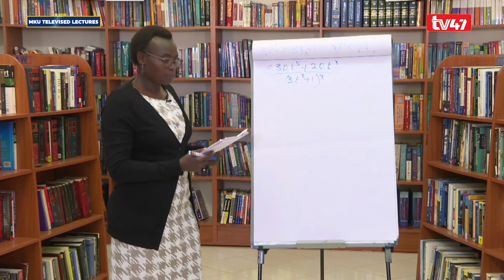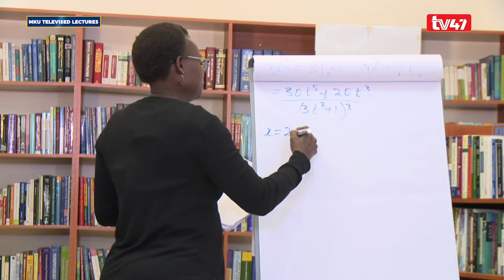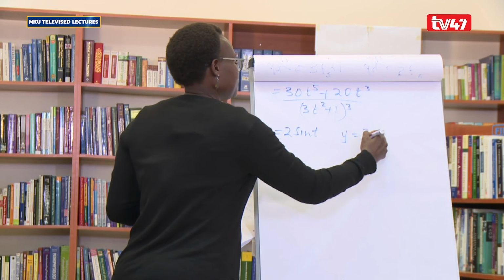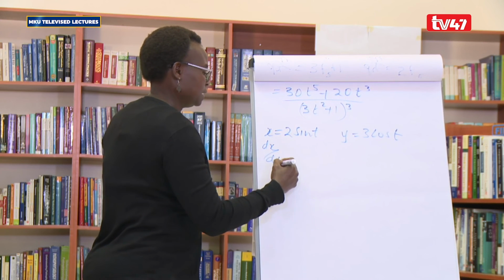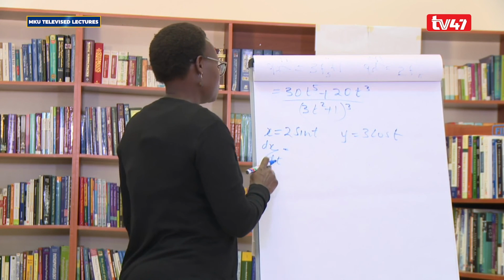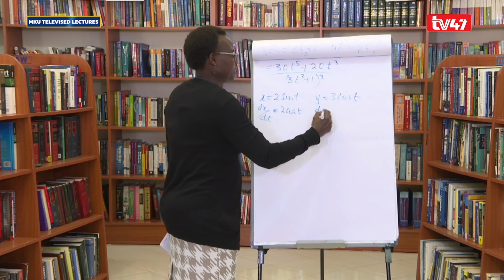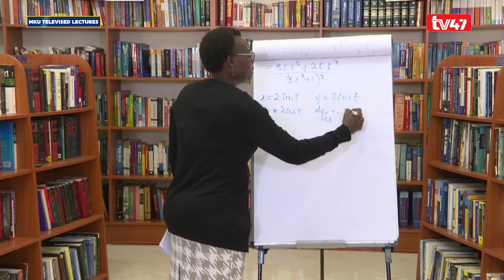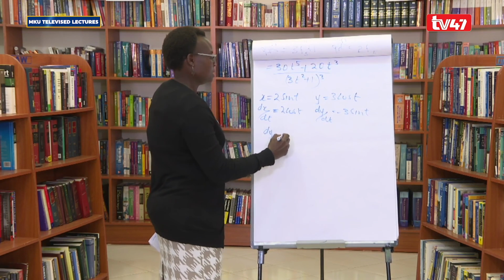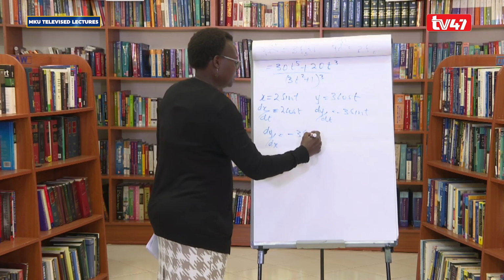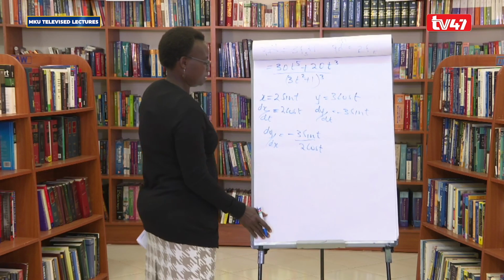So the last example, we have x equals 2 sine t and y is 3 cos t. We are still getting the second derivative here. So dx over dt will give us 2 cos t and dy over dt will give us negative 3 sine t. So the first derivative, dy over dx, will give us negative 3 sine t over 2 cos t.